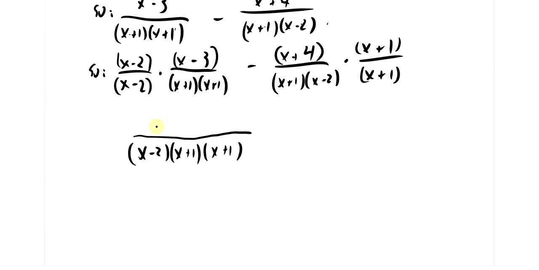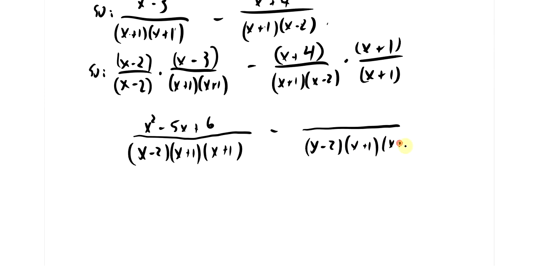If you multiply that out, that becomes x squared minus 5x plus 6, x squared minus 2x minus 3x plus 6, and then minus, well, we get the same denominator here, x minus 2, and then a pair of x plus 1s.